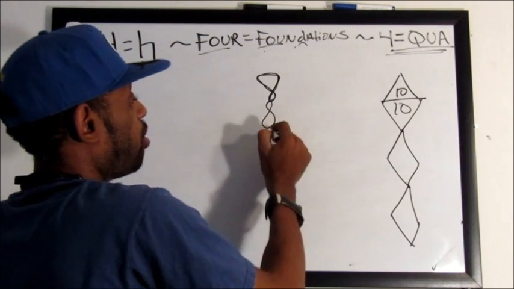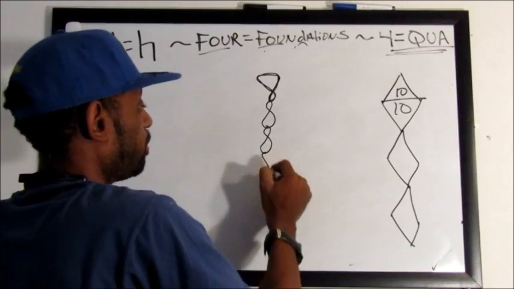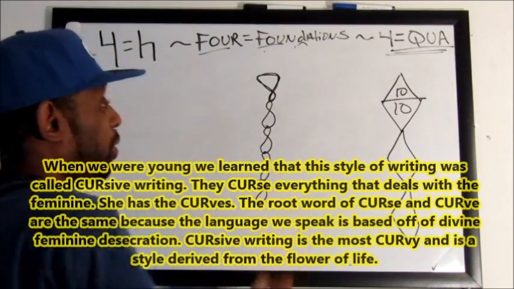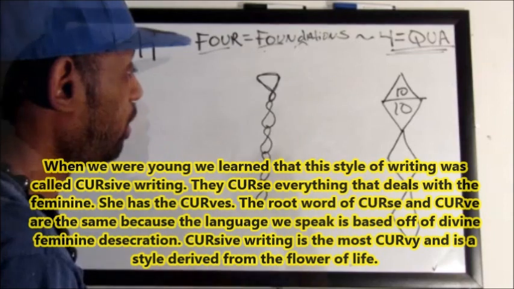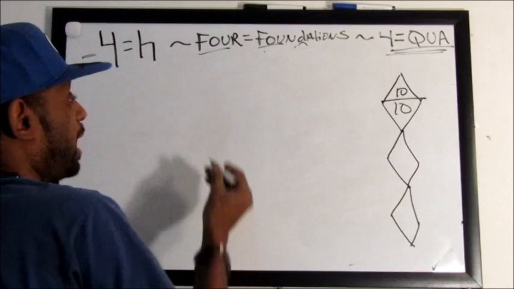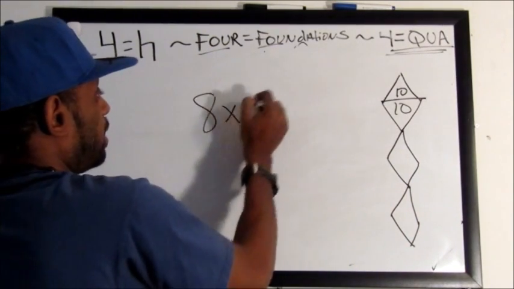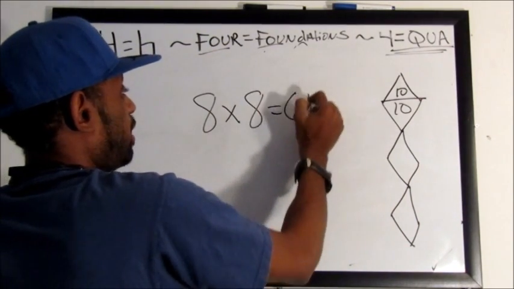When you keep stacking those 8s, you create DNA. You create the wave of life. Even if you want to look at it from a mathematical standpoint, 8 times 8 would be 64.